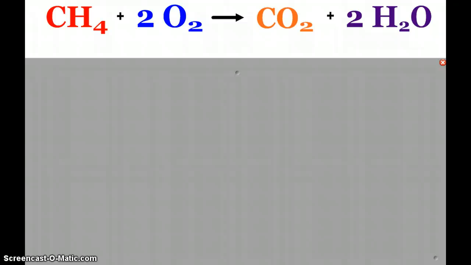Because every time methane reacts with oxygen, it produces 1 carbon dioxide molecule and 2 water molecules at the same time. So you can't just draw the carbon dioxides and then go and draw the waters. You have to draw 1 carbon dioxide molecule and 2 water molecules at the same time.